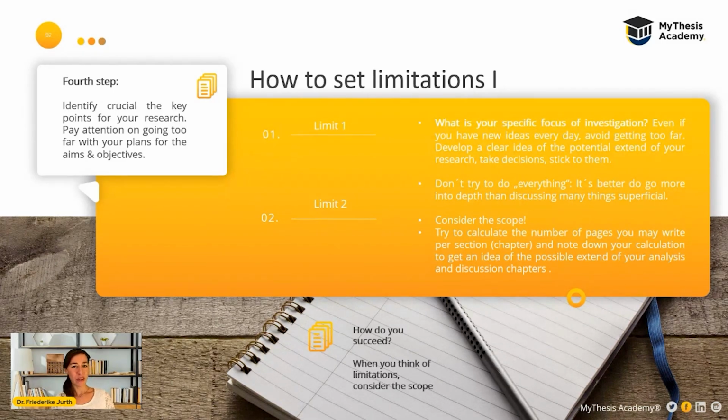So it is very necessary that you identify the crucial key points for your research and pay attention to the moment where you go too far with the aims and objectives. Instead, try to keep it in one frame and don't extend the frame more and more.